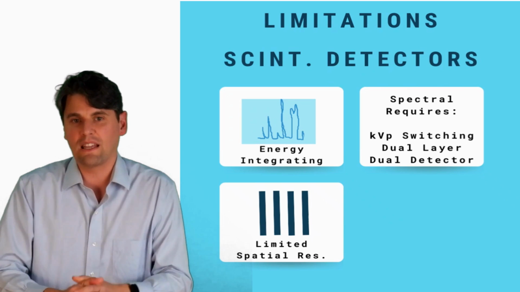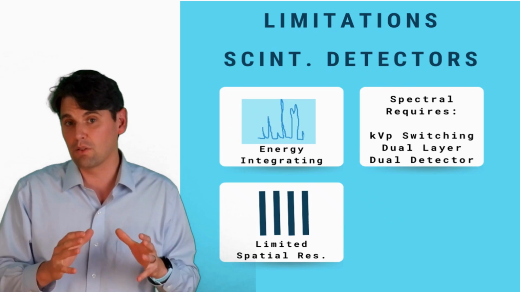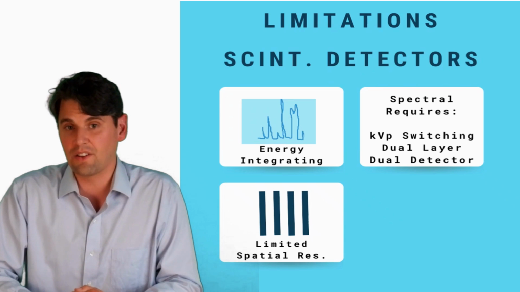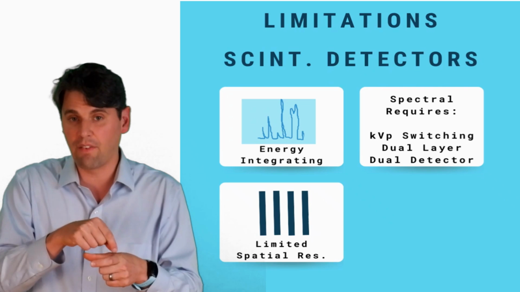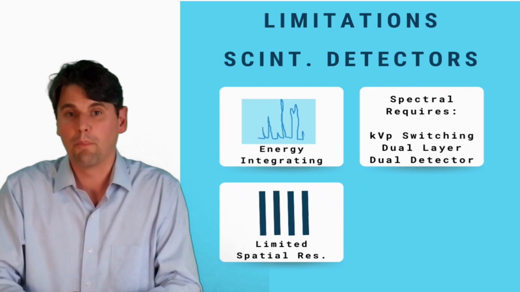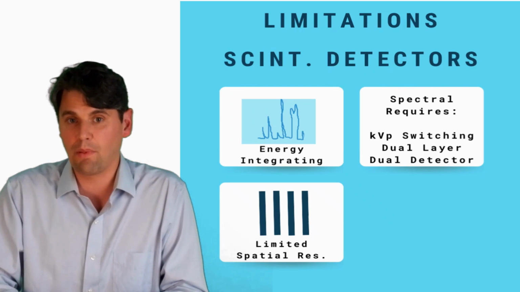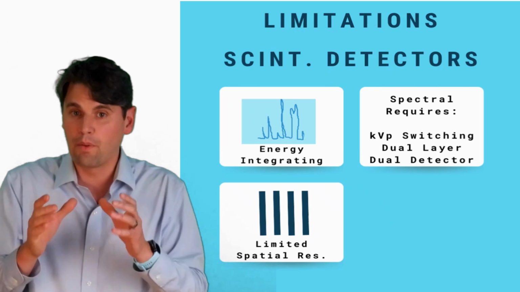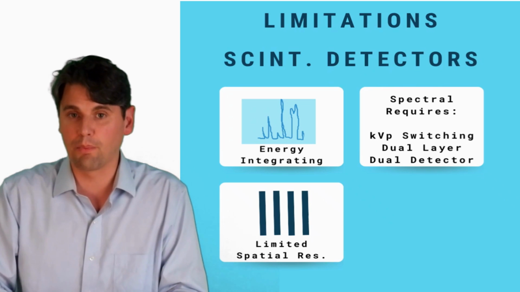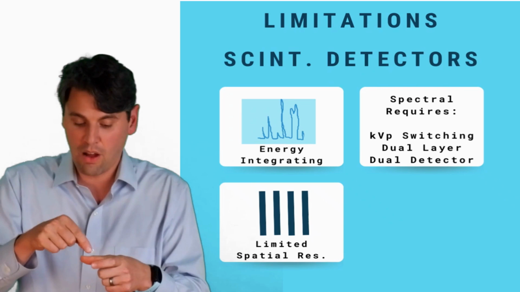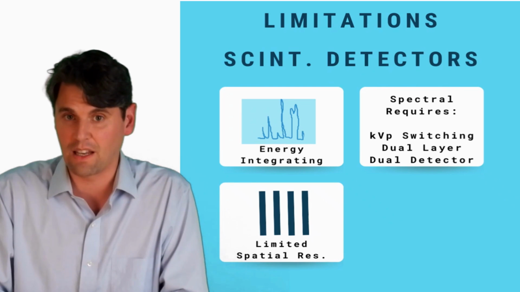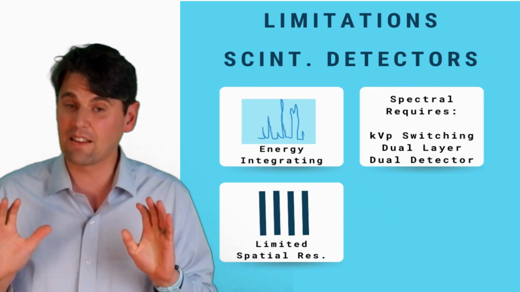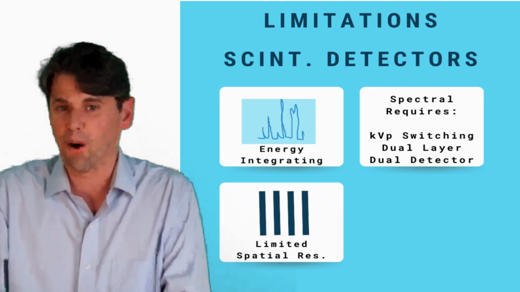Also, there is difficulty in making extremely high resolution imaging with our standard scintillation detector, because we need to have optical separation between each of the little scintillator blocks. As we make our detector elements smaller and smaller, that region of optical separation is going to become a bigger fraction. So your detector is going to get less efficient if you make it smaller and smaller.